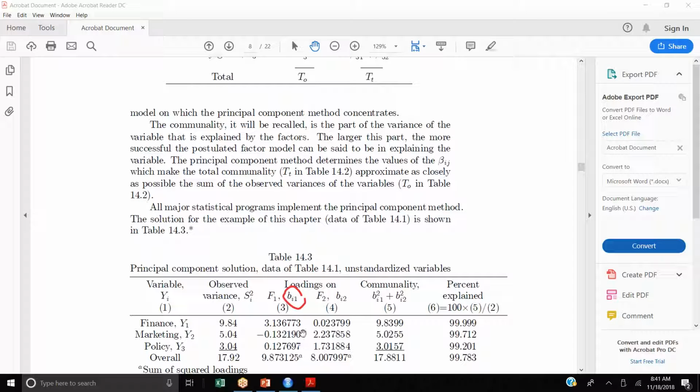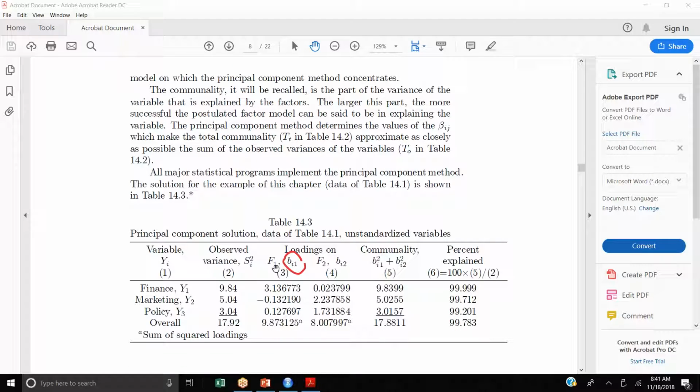This is only loadings, which are the BIs. BI1s, BI2s. So the question is, what is F1? I mean, here this is not F1 times BI1, if that's what you were asking. No. This is just the loadings, the beta I's. Okay, these are only loadings.